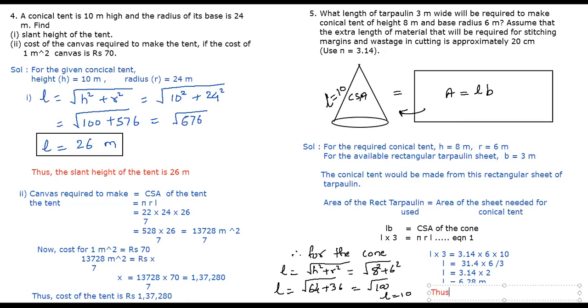So thus, no, wait. This is 6.28 meters. That is the length of the tarpaulin. And we need extra 20 centimeters. Do you remember they have said extra 20 centimeters is needed? Can you see here? The extra length is 20 centimeters.